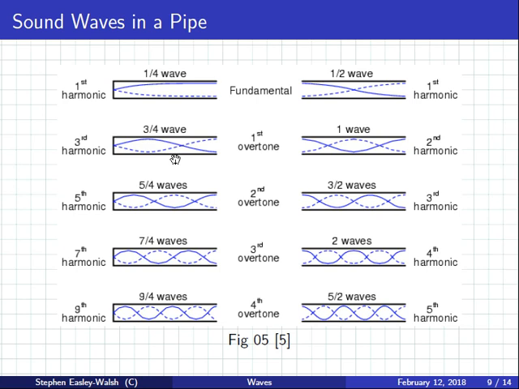I suppose, like KJ was just asking me here, KJ drew this one. Why can't we have that one that's just like this? It finishes on a node, but because this is open, we have to finish on an antinode.